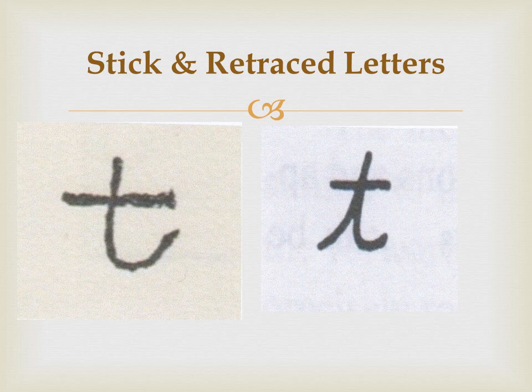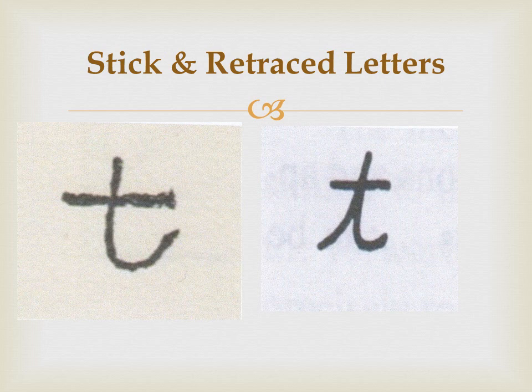Sometimes you will have no loops in the letters for the B, D, F, H, K, L, or T, as we have shown in the previous sample with the letter L. These letters could be a stick formation or a retraced formation rather than a loop.